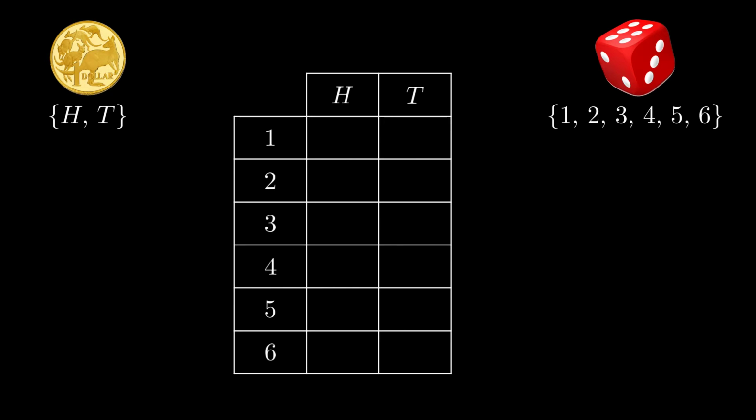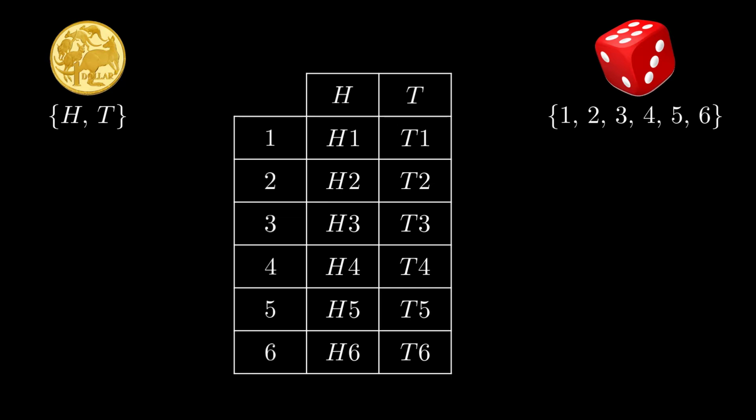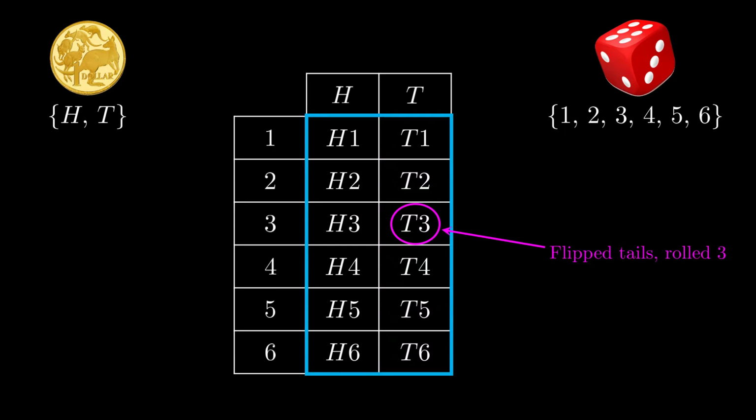Right? And we fill the table by matching up those entries. And this gives you all possible outcomes from doing both things. So for example, the little T3 would mean I flipped a tails and rolled a 3. The H5 would mean I flipped a heads and rolled a 5.